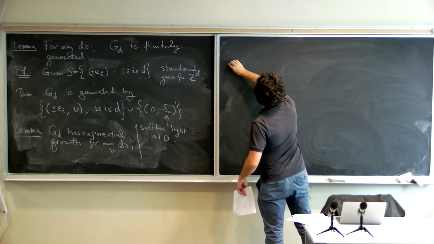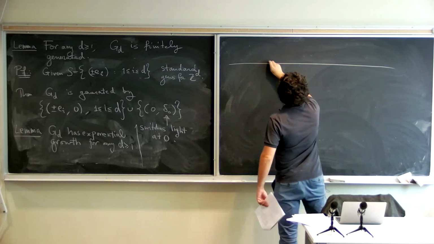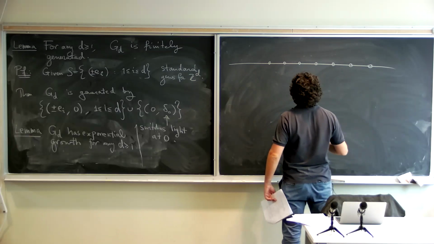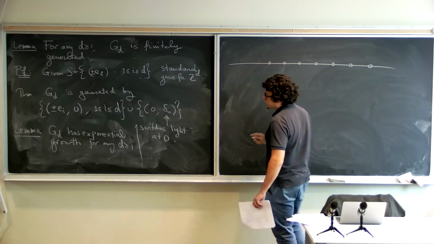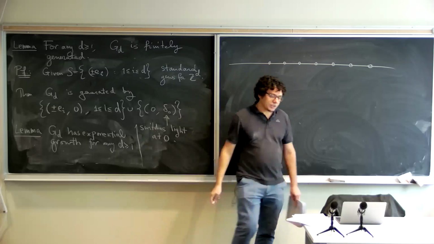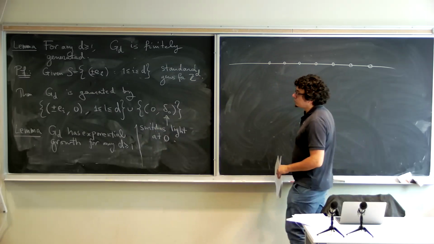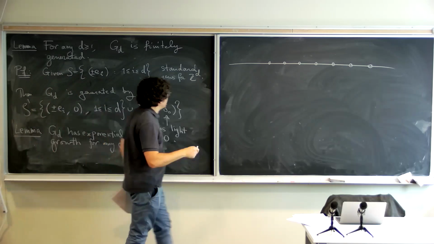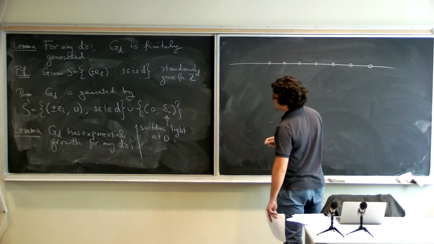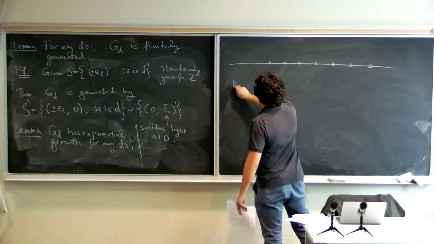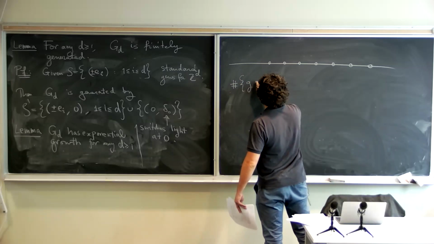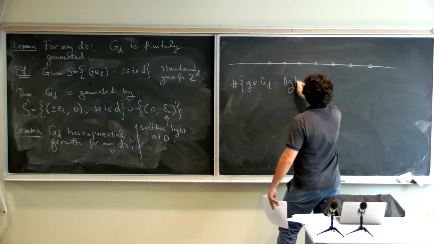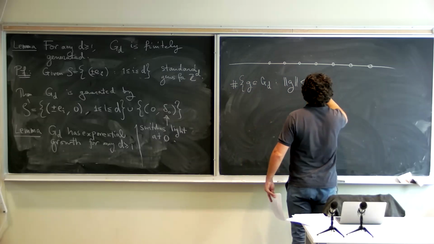So I have a lamp lighter in 1 dimension, and I want to make at most R steps. So let's call this S prime. So you want to say what is the cardinality of G in GD, such that the norm of G is at most some big R.